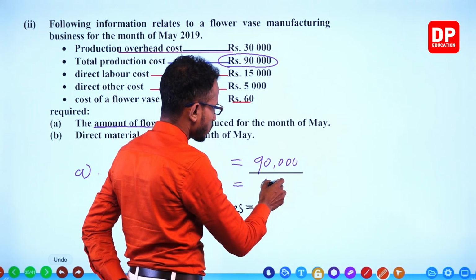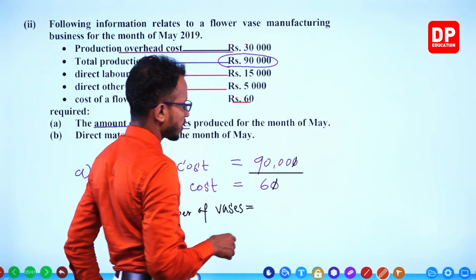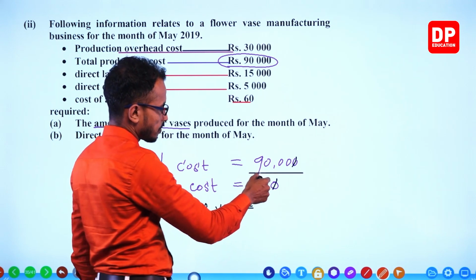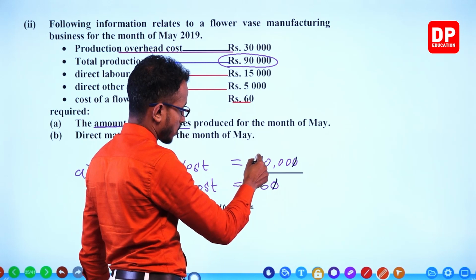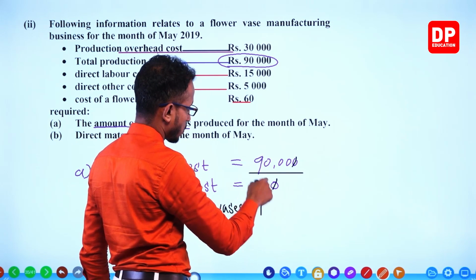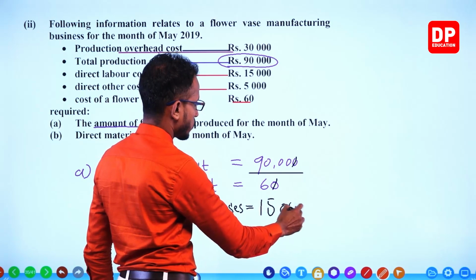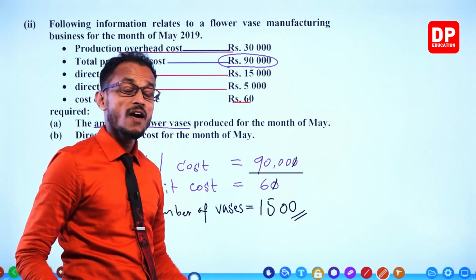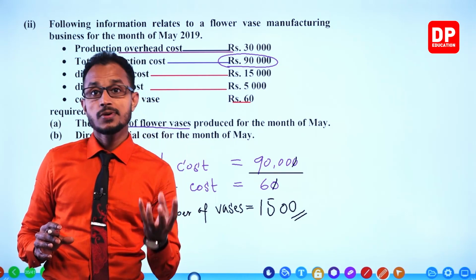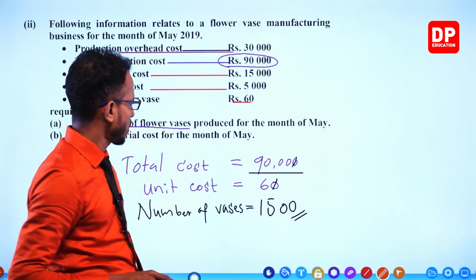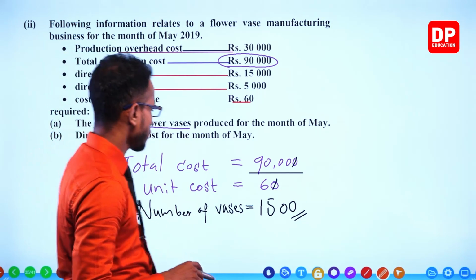Cut the zeros and divide 9,000 by 6, how much? 1,500. That is the number of vases produced. Yep, done. Next one, B.